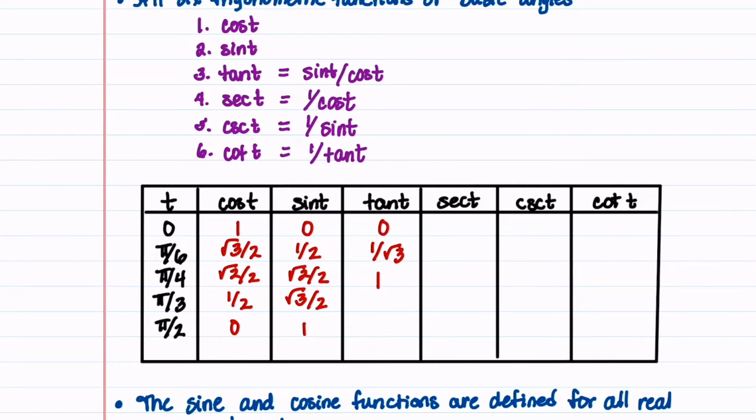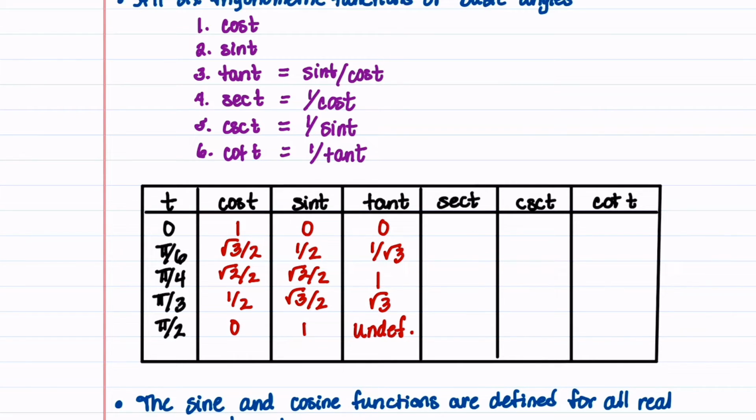For t is pi over 3, we're going to have root 3 over 2 divided by 1/2, which is just root 3. And then our last value, we're going to have 1 divided by 0, and whenever we divide by 0, we get an undefined. So we'll mark this as undefined.